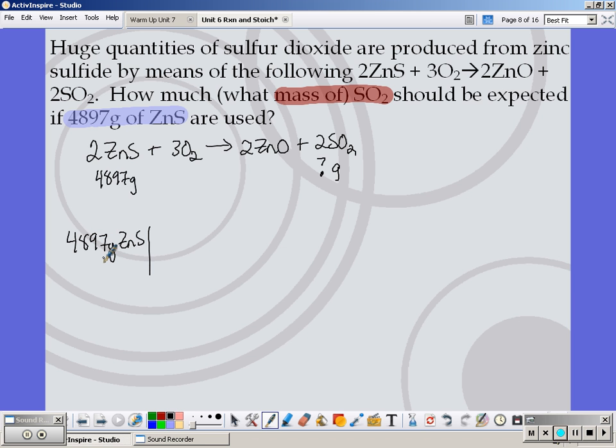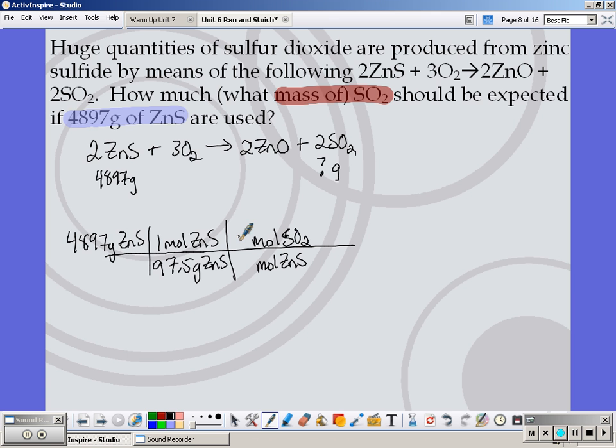So 1 mole of zinc sulfide, and then I need to find the molar mass. So I look at the periodic table, and I add the masses together. 97.5 grams. Once I convert to moles, I use the mole ratio. Moles of given on the bottom, moles of what I'm looking for on the top. Coefficients 2 and 2.